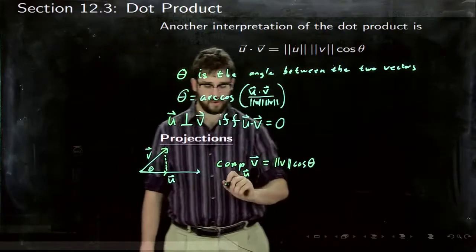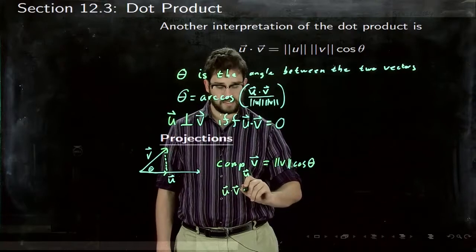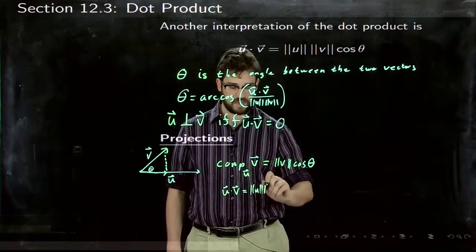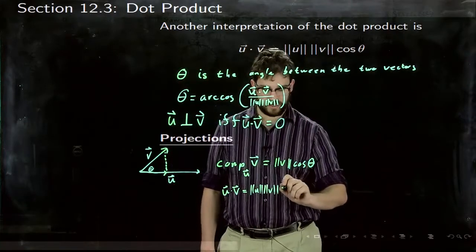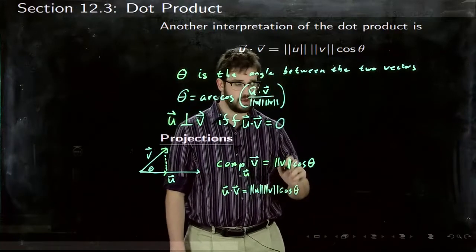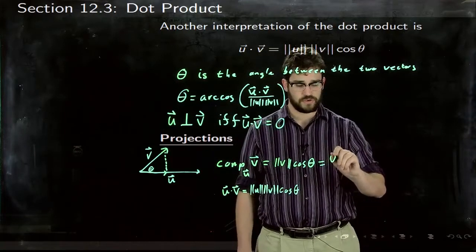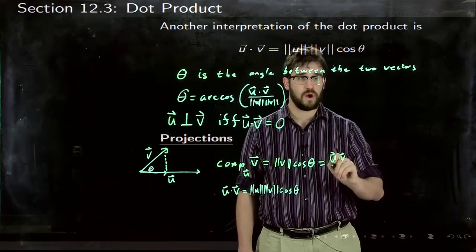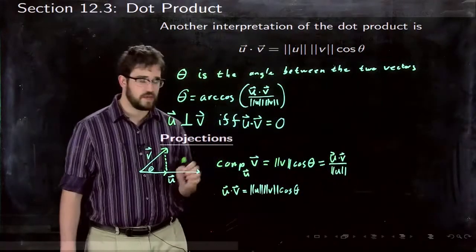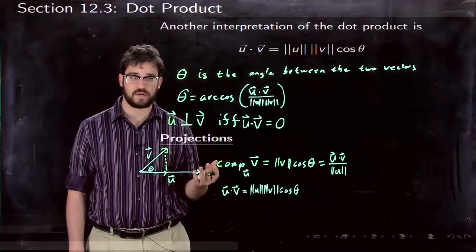And since we know that u dot v is equal to the magnitude of u, magnitude of v, cosine of theta, we know this is therefore also equal to u dot v over the magnitude of u. Notice that this number is going to be negative if theta is greater than 90 degrees.